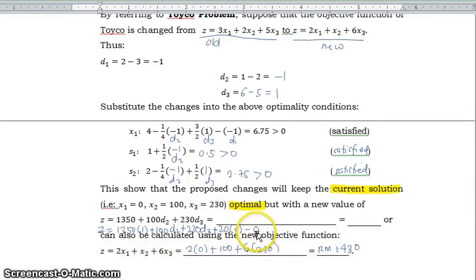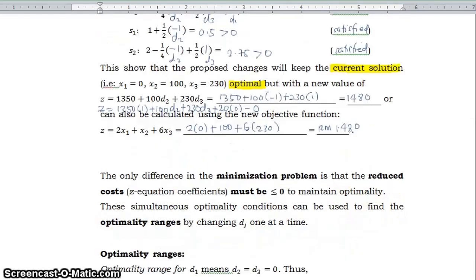From this formula, we substitute D1, D2 and D3 into this equation. We get 1,500 plus 100 times D2, which is negative 1, plus 230 times D3, which is 1. We get 1,480.